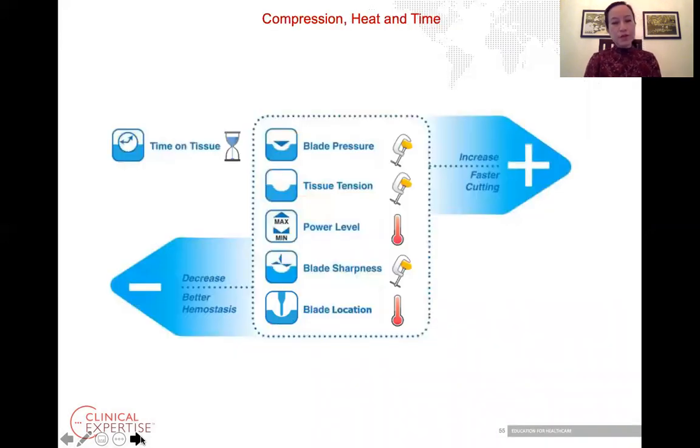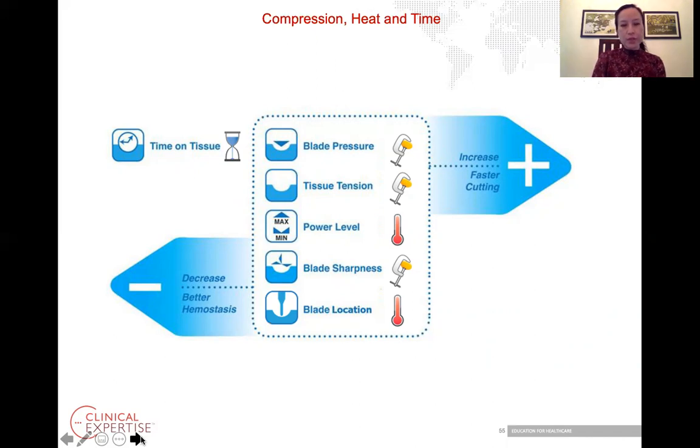In ultrasonic surgery, factors associated with increased cutting decrease coagulation, and those associated with increased coagulation decrease cutting. There are 5 specific factors a surgeon controls when applying ultrasonic energy: blade pressure, tissue tension, blade sharpness, power level, and time on tissue.